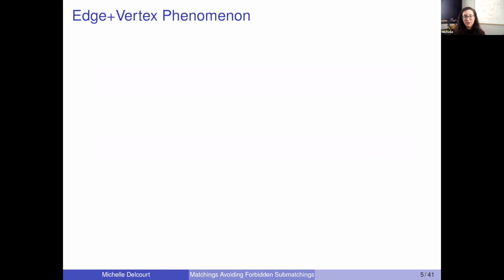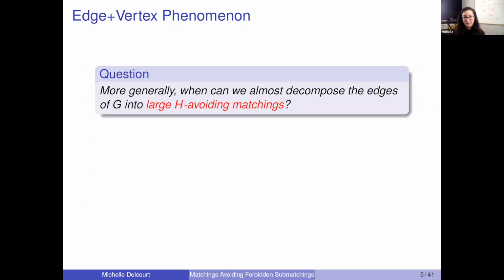An even more general, more ambitious question: already it's difficult to find large matchings in hypergraphs, even for uniform hypergraphs. It's NP-complete to decide whether you can find a perfect matching. In graphs it's a bit easier, with nice characterizations for finding matchings, but for hypergraphs it's hard.